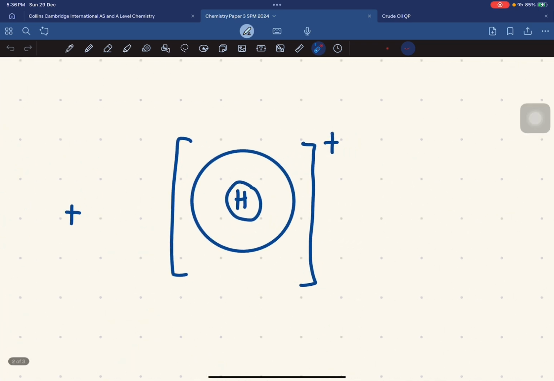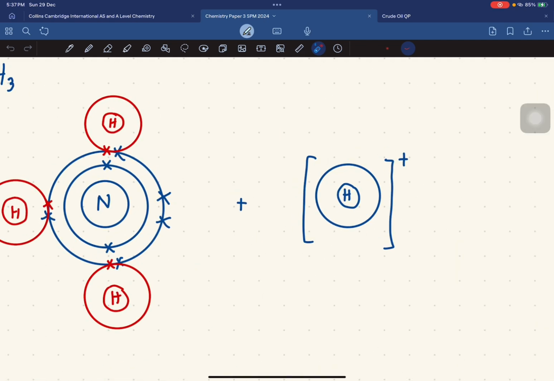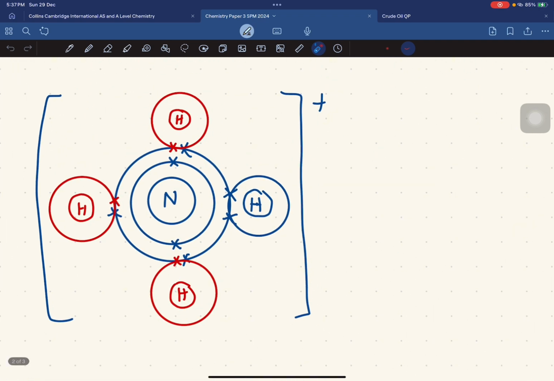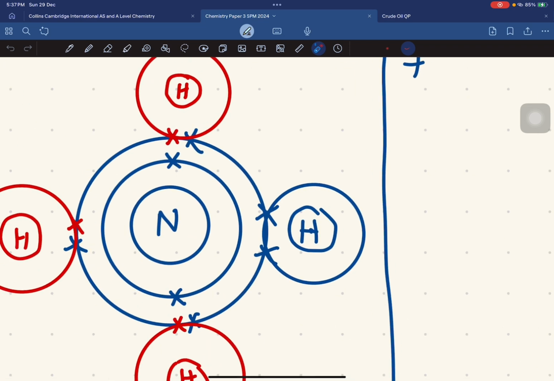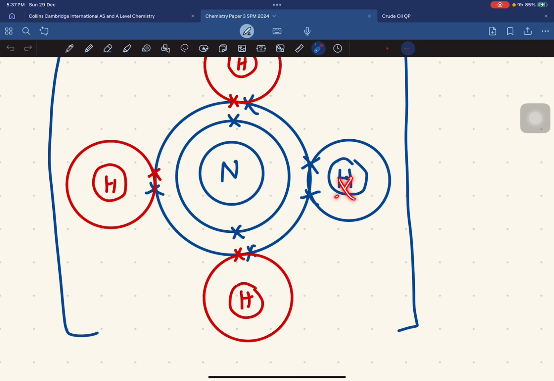Meanwhile, in this structure over here, like I said just now, it does not carry any electrons, but it carries 1 proton. So in this structure we have 1 proton but 0 electrons. When it forms the dative bond and we form this structure, the number of electrons remains the same, 10, since this one does not carry any electrons.